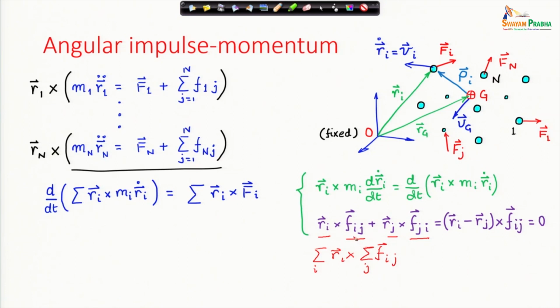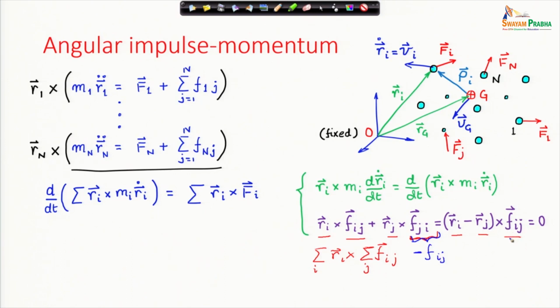Now, by Newton's third law, f_ij must be equal to minus f_ji. Therefore, I can write this as (r_i minus r_j) cross f_ij. Here I have written this term as minus of f_ij, since f_ji is minus of f_ij.